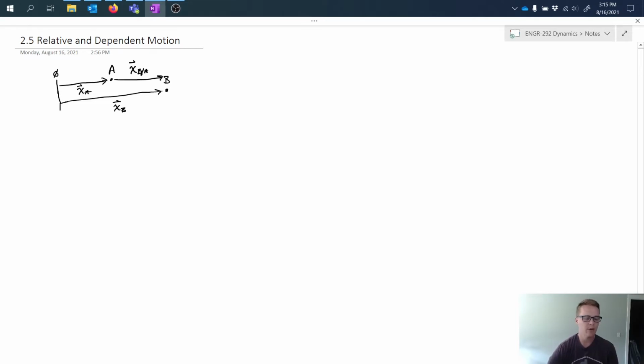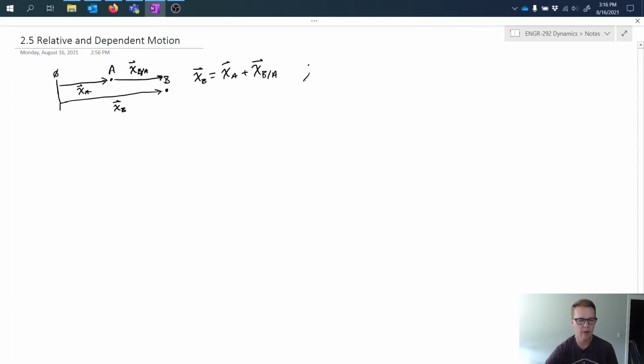Now using vector math, vector addition, we could write these vectors out as equations. So I can say that xb is equal to xa plus xb/a.